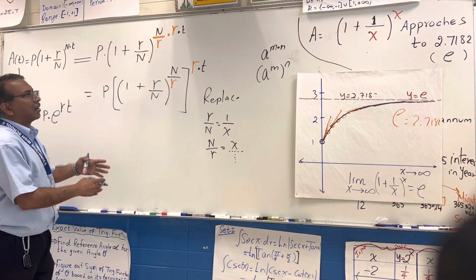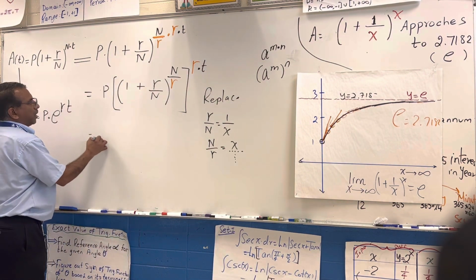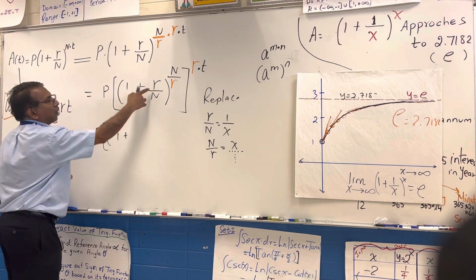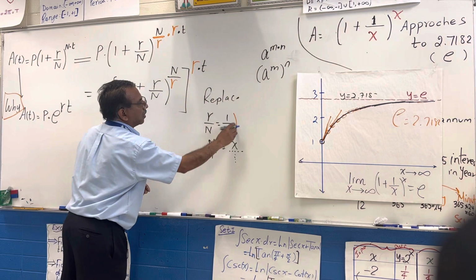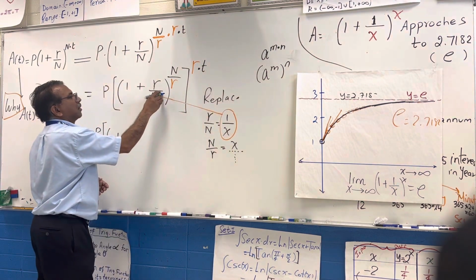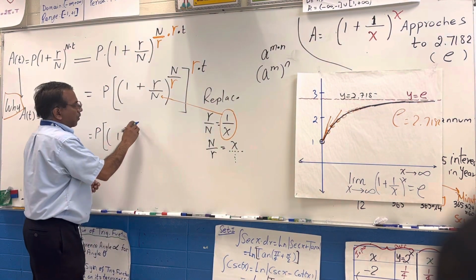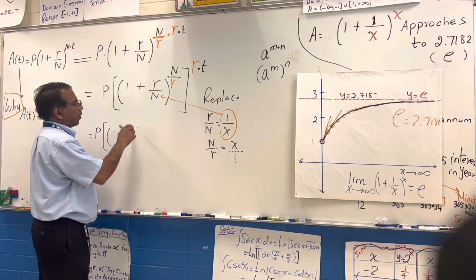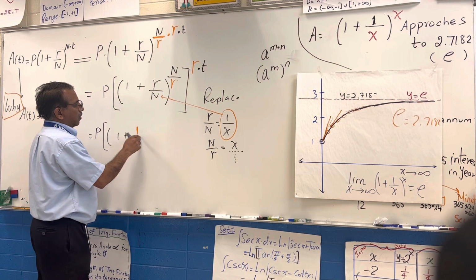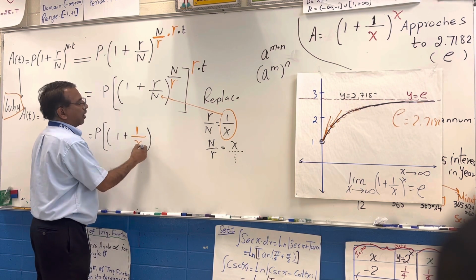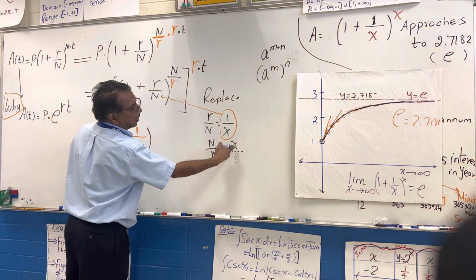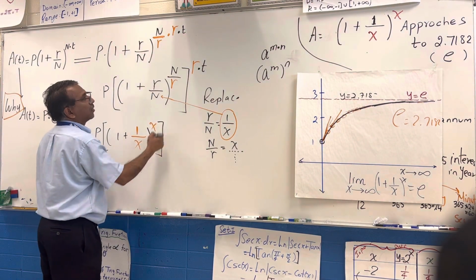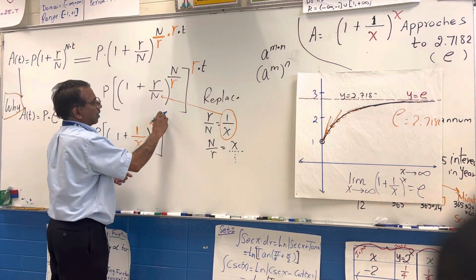So now let's replace this P. 1 plus 1 over x, so this part will be 1 over x, raised to n over r, which is x, so that will be just x here, and the whole raised to this rt.